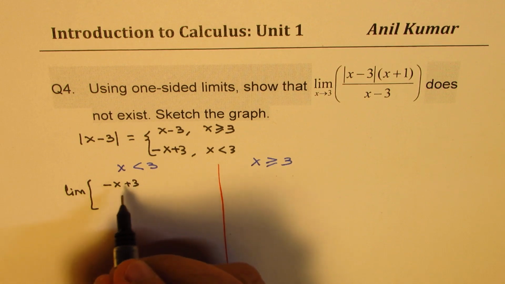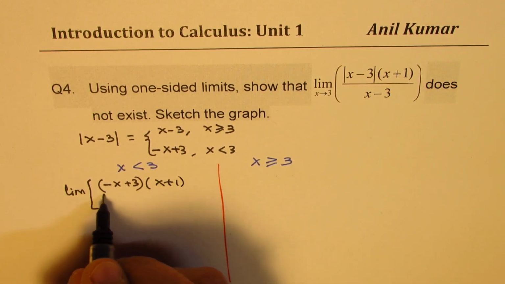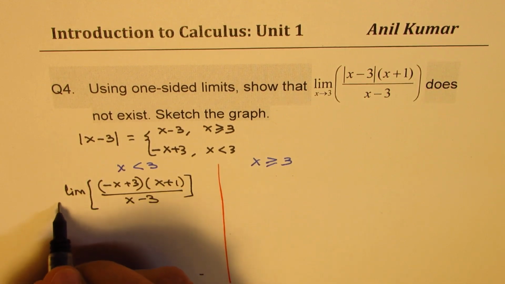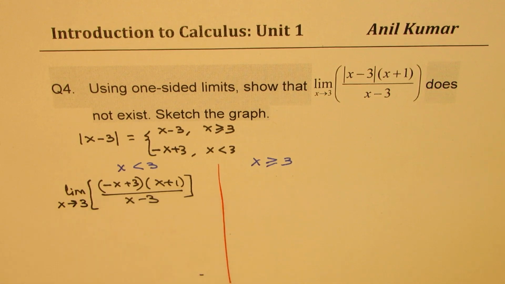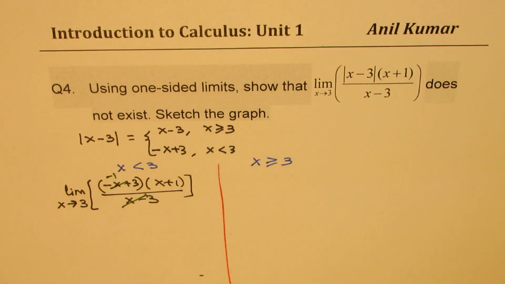Times x plus 1 over x minus 3, where x approaches 3 is the limit we are interested in. Now this is negative of x minus 3, so that goes negative one times.